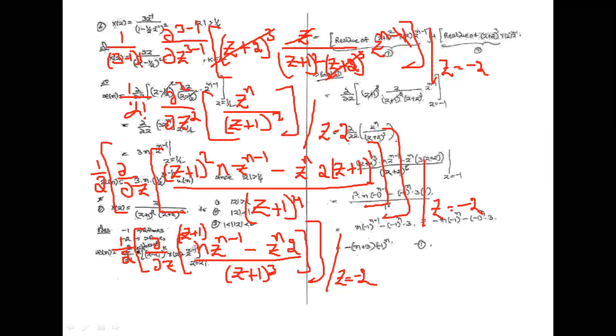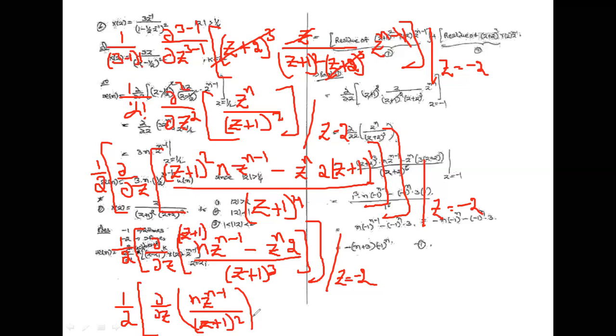So again, you can apply for this function. 1 by 2 into dou by dou z of, if I am taking, n into z power n minus 1 whole divided by z plus 1 whole square, the first part.